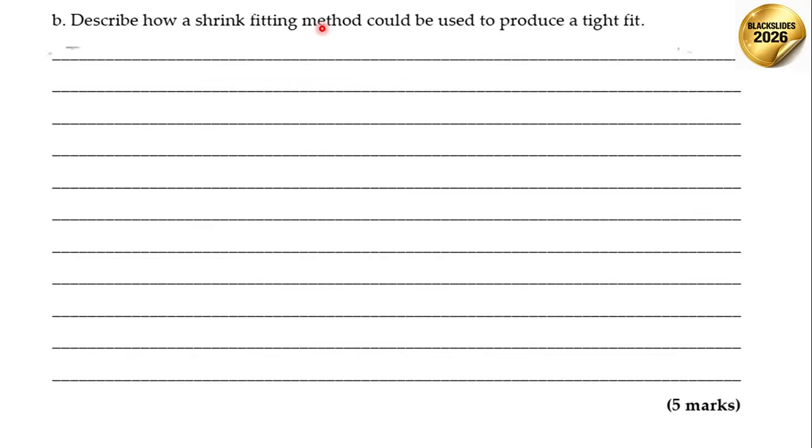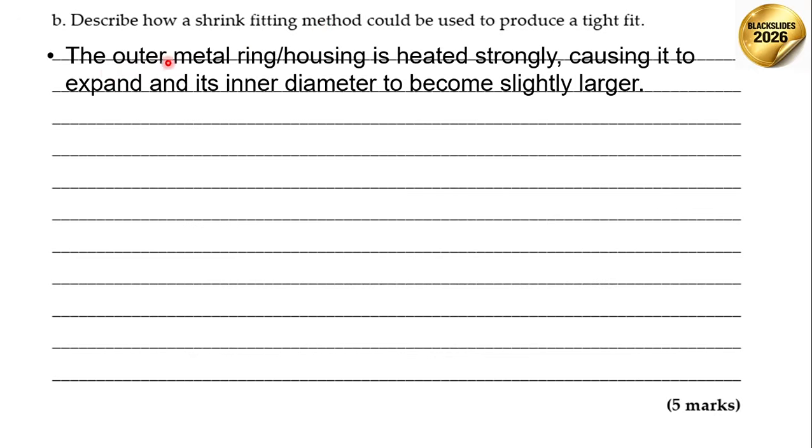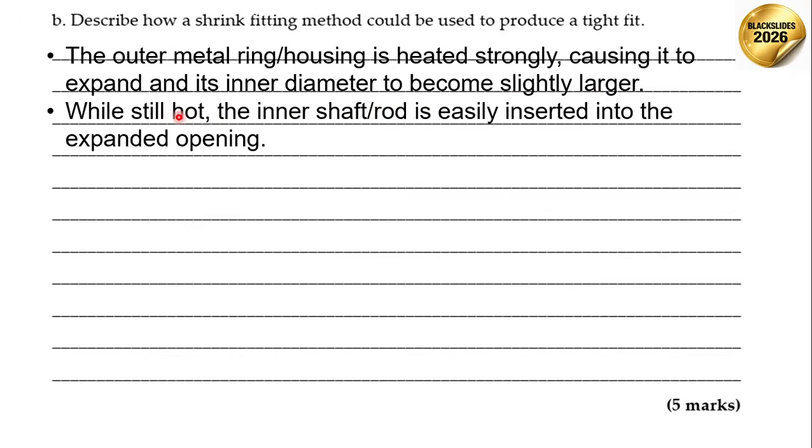So what needs to be done is that the outer metal ring or housing is heated strongly, causing it to expand and its inner diameter to become larger. While still hot, the inner shaft or rod is easily inserted into the expanded opening.